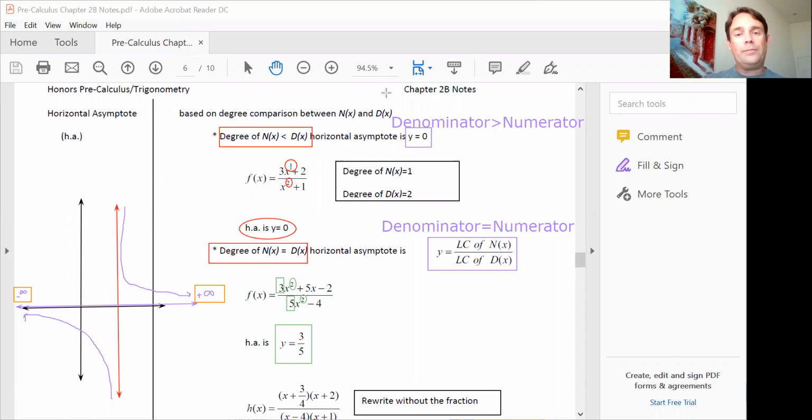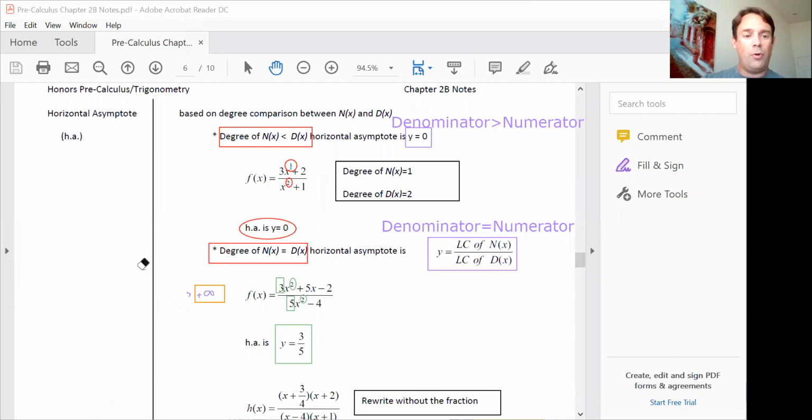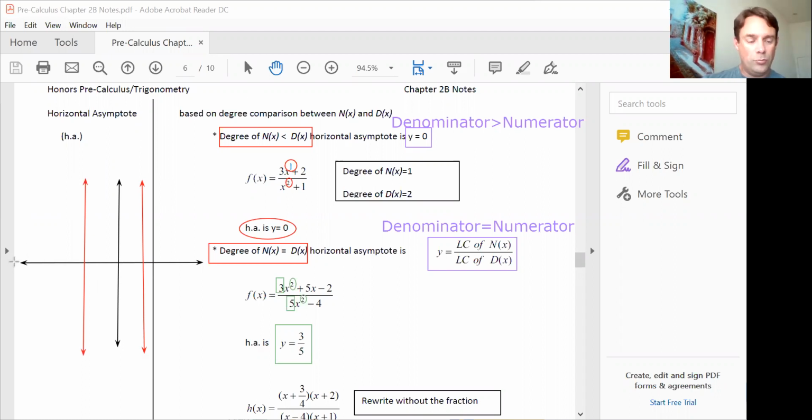So for instance, let me draw another graph here. Say I have a graph that has 2 vertical asymptotes. And again, you guys dealt with this last year, I believe, in integrated 3, but if you didn't, that's okay. We're going to cover a little bit here. Say I have a vertical asymptote here and a vertical asymptote here. And again, I have some sort of horizontal asymptote.